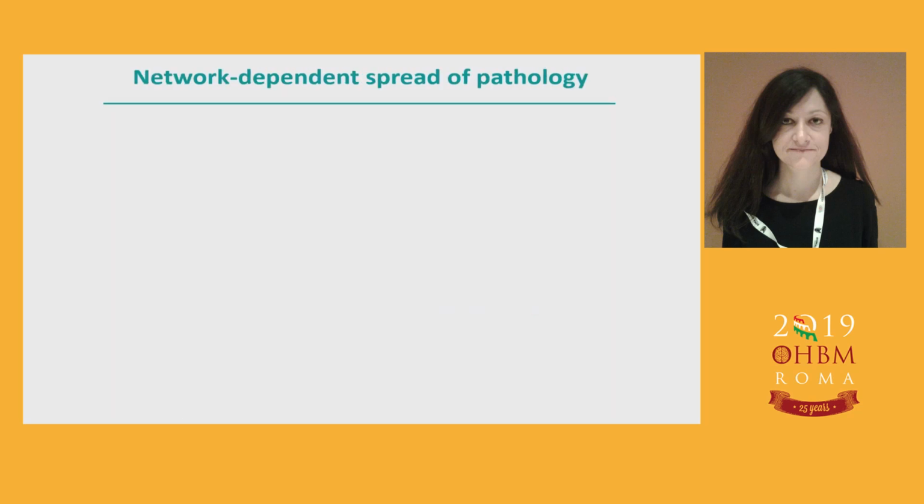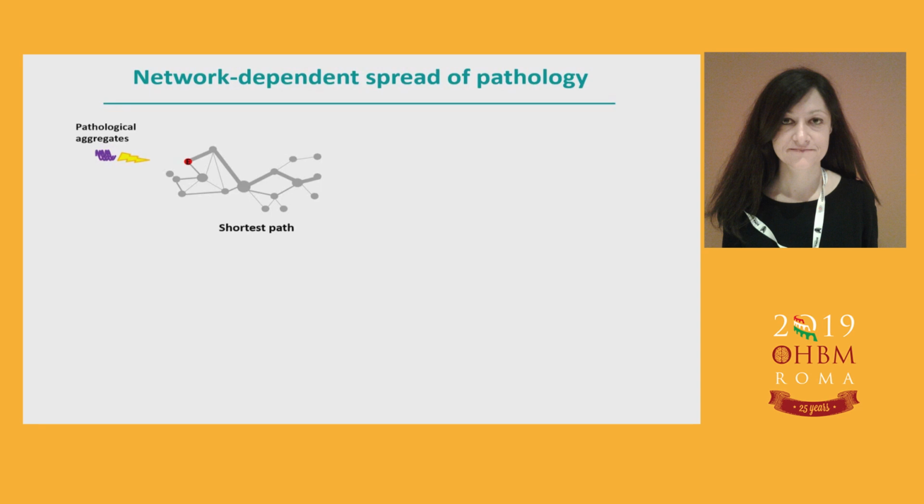And finally, we are trying to make the situation even more complicated. We are trying to apply connectomics in order to predict the spreading of pathology within the brain of our patients. The idea behind this approach is the so-called prion-like hypothesis in neurodegenerative conditions.